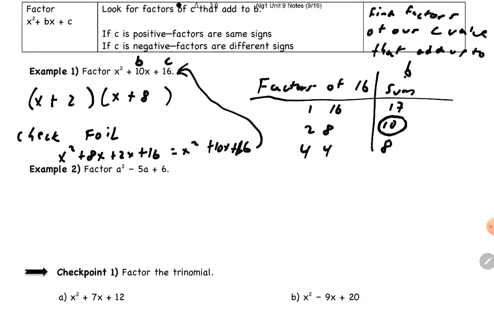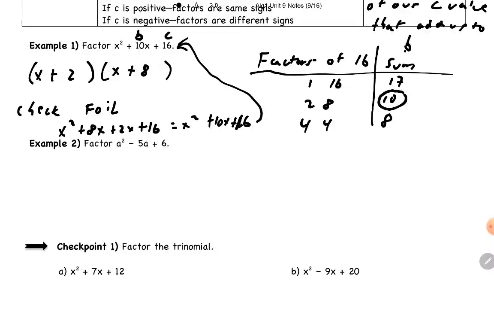So let's look at example 2. We have a squared minus 5a plus 6. Our b value is negative 5. Our c value is 6.